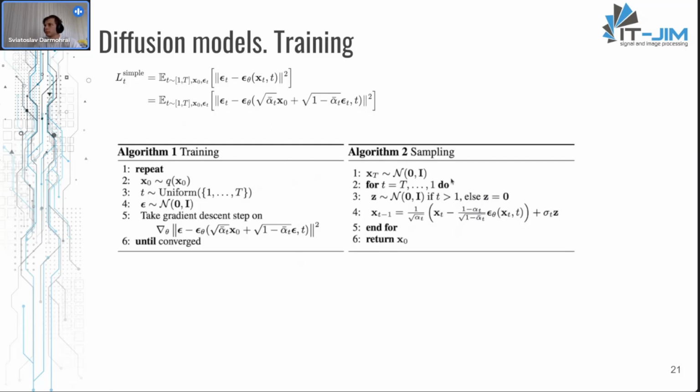And for sampling, we use our model with parameters theta on the image from the previous step, generate a noise estimate, and remove it.